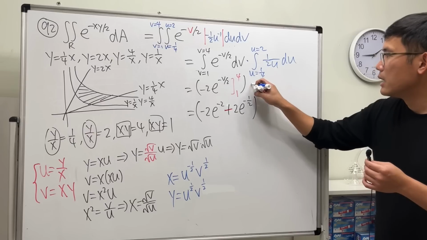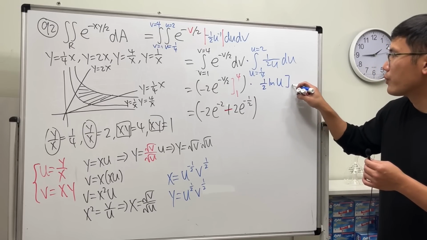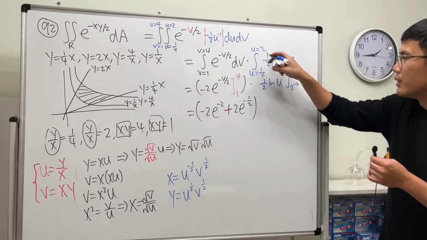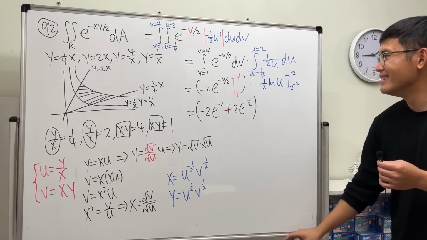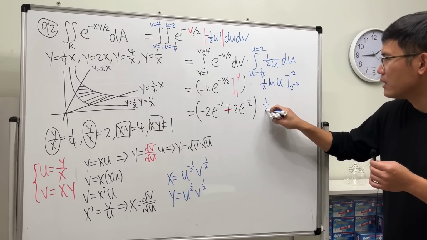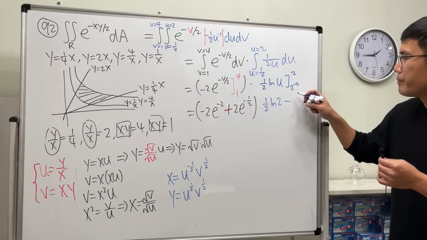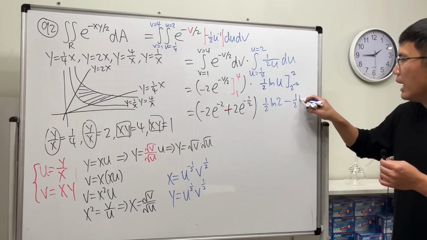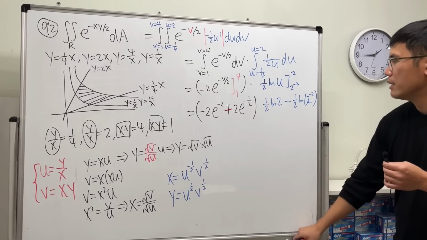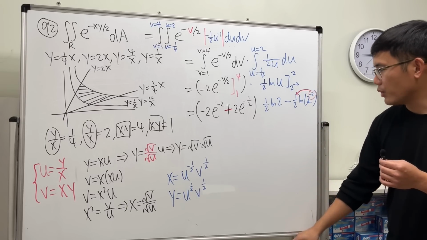This thing, 1/2 ln u, and we go from 1/4, that's ready as 2 to the negative 2, and then 2 is just 2. Put 2 in here, we get 1/2 ln 2, and then just minus 1/2 ln 2 to the negative 2. But you see, this negative 2 can go to the front. So that's that.